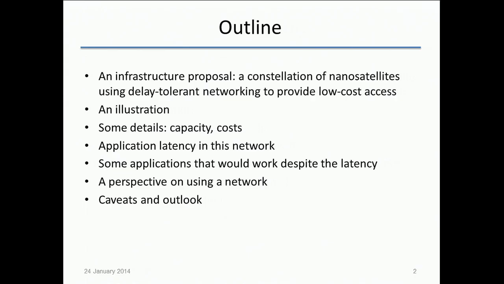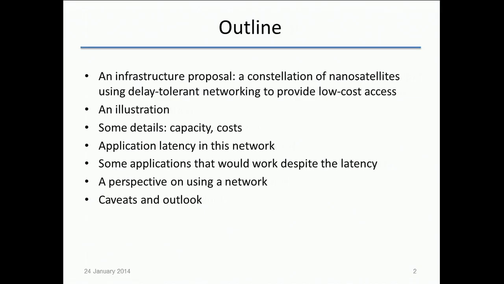I'll go through an illustration of how that infrastructure would function, and some details on what I think the capacity of that infrastructure could be, what the costs of deploying it would be, and as a result, what the benefit of the infrastructure would be in terms of providing very economical network access.